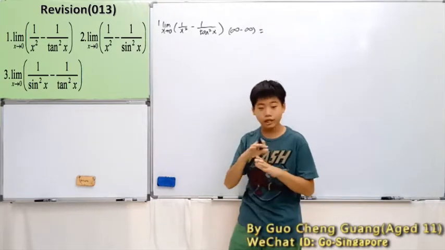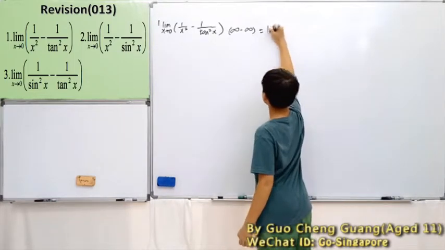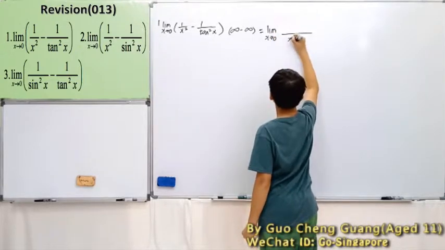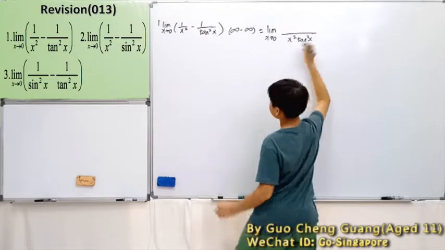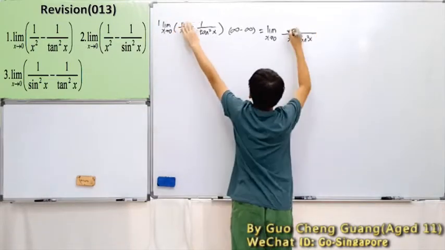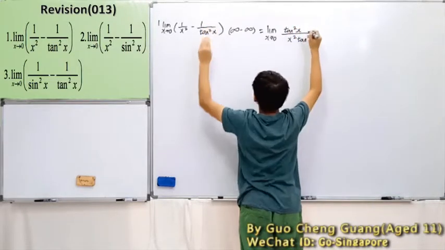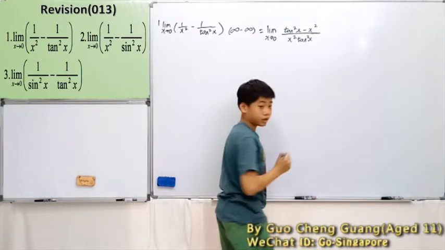Can we first try the common denominator? Well, we have to try it out. If we first use the common denominator, then the numerator in this part is tangent squared x. Therefore, the other part is minus x squared.